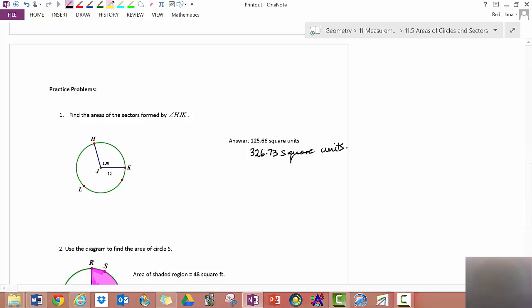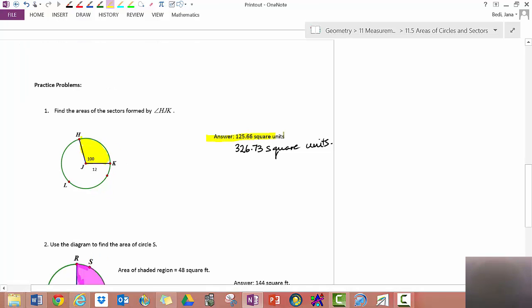I'm just going to highlight this for you. This yellow is your minor sector, and the other sector is 326.73 square units. So you have minor sector HJK, and then you have the sector which is HLKJ.